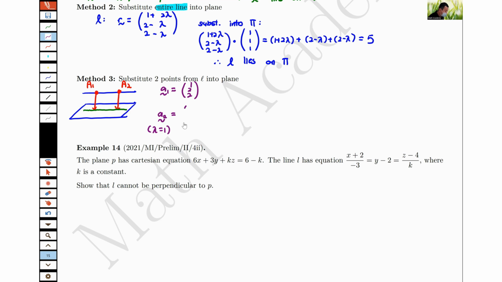So if I choose lambda to be 1, what is this equation now? Let me simplify, it's 3, 1, and 1. Okay, I change lambda to be 1. And let's substitute both into the plane equation. You want to know whether these 2 points are on the plane or not.